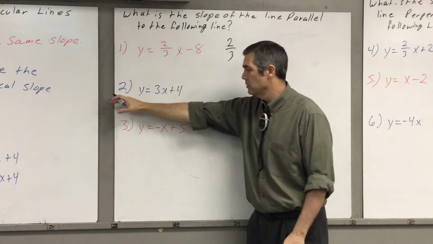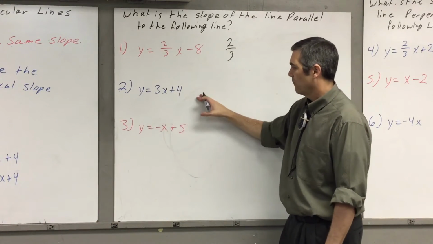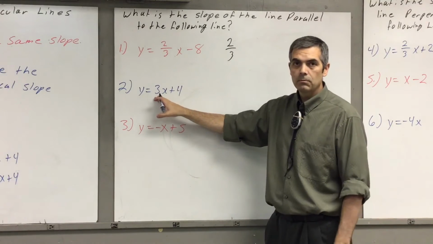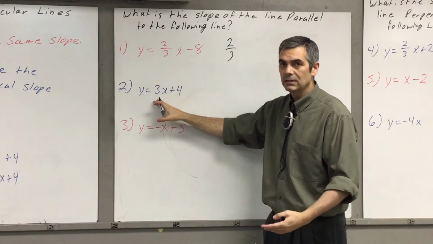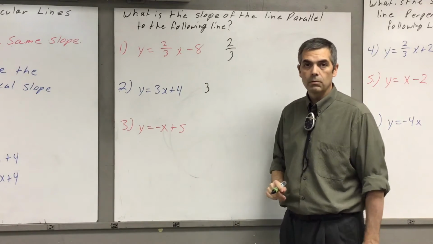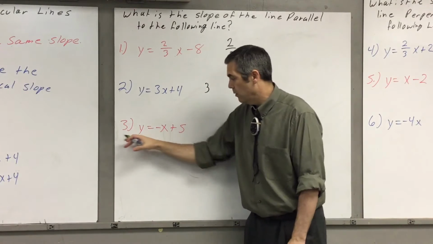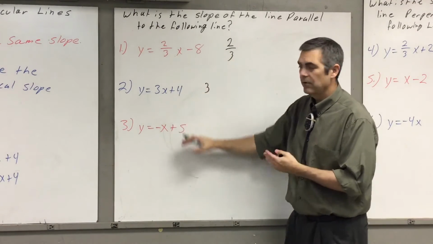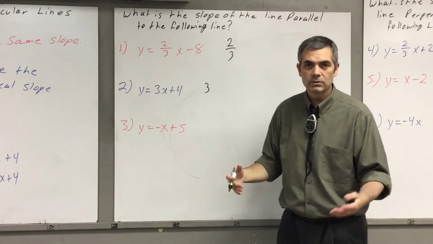Come down here to 2, y equals 3x plus 4, same thing. 3 is my slope, so any line parallel to this line is going to have a 3 for the slope. Number 3, y equals negative x plus 5, and all I'm doing right here is giving you different examples of how they're going to present it to you.